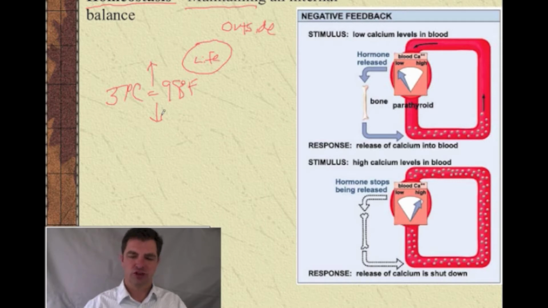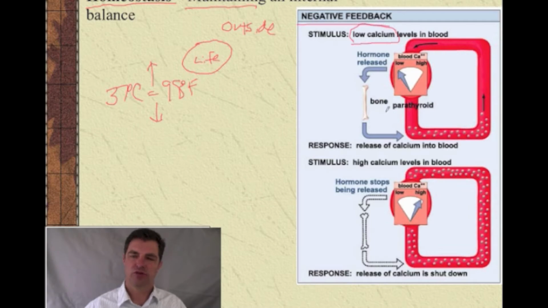This graph is trying to show you that one of the things that's important in your blood is how much calcium you have in your blood. If your calcium levels are too low in your blood, there's a negative feedback system.